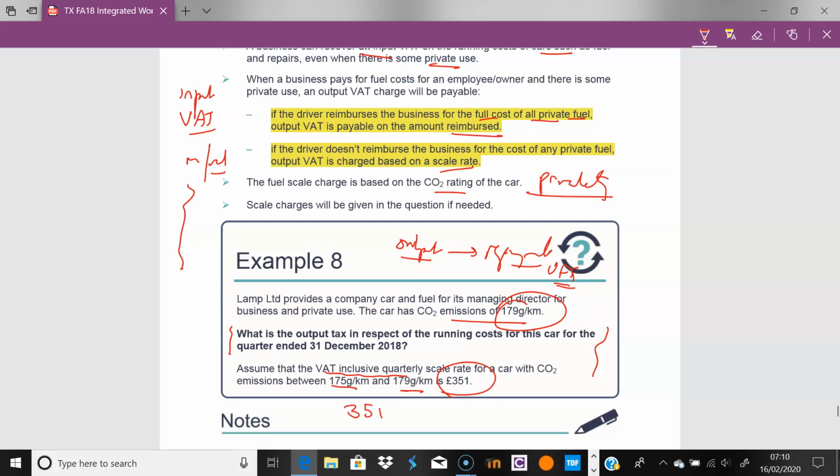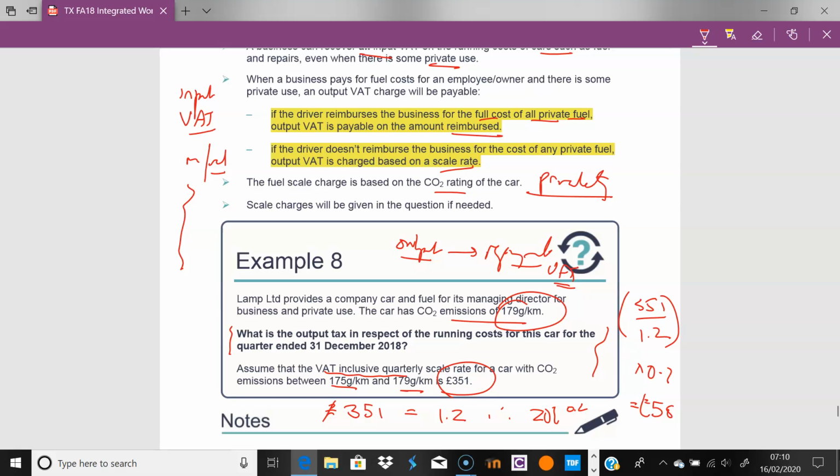You have 351, and that's VAT included, so that's 120%. Therefore, the VAT, which is the 20% or the 0.2, must be 351 divided by 1.2, all of this times 0.2, which comes to £58. So that's how we deal with this.